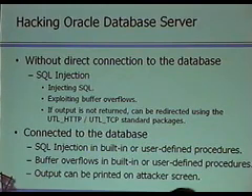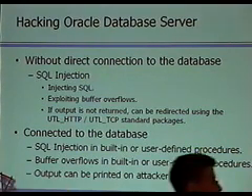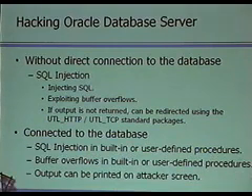With this, he can inject SQL commands, exploit buffer overflows of some packages that are installed by default in the database server, and the output can be retrieved or redirected using the networking packages such as UTL_HTTP or UTL_TCP.